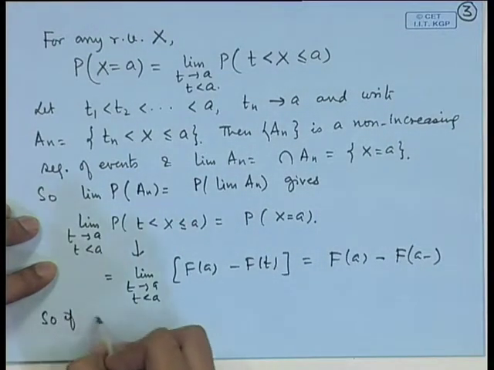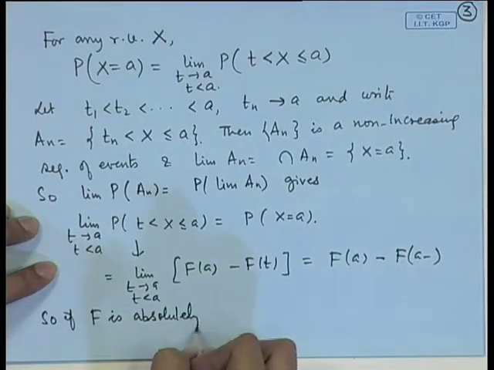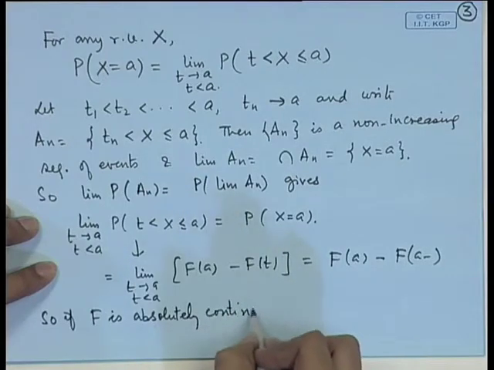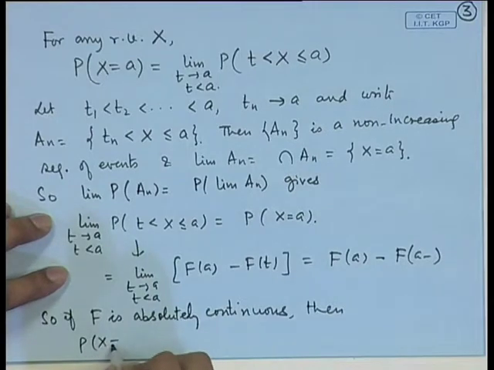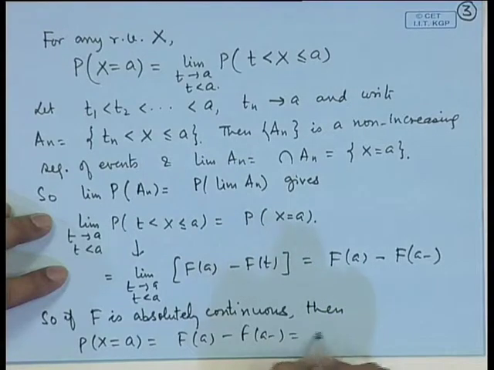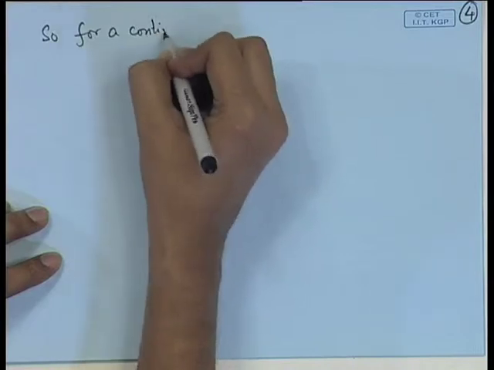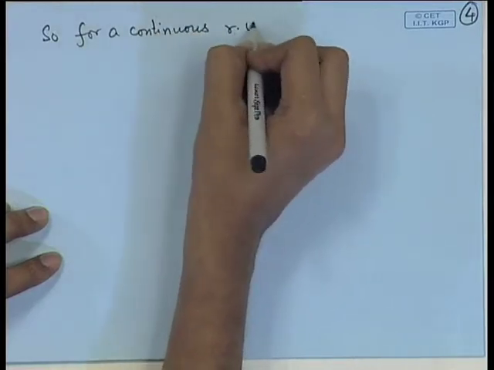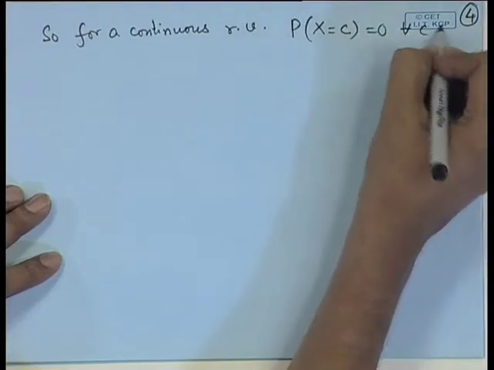So, if F is an absolutely continuous function, then the probability that X equals a will be equal to F(a) minus F(a minus), which is 0. So, for a continuous random variable, the probability that X is equal to some value c is 0 for all c.